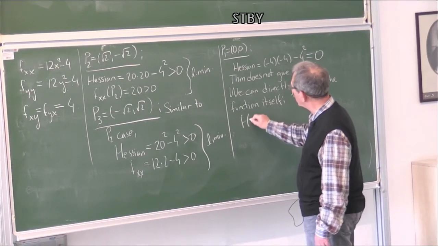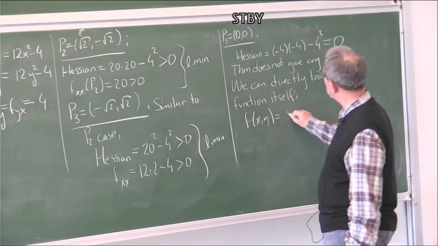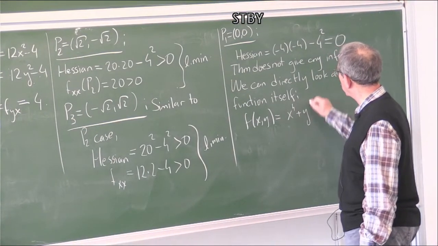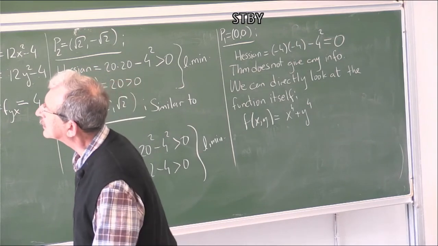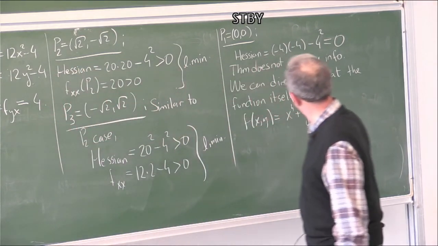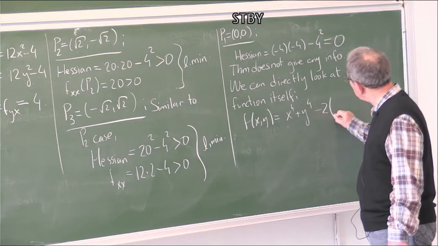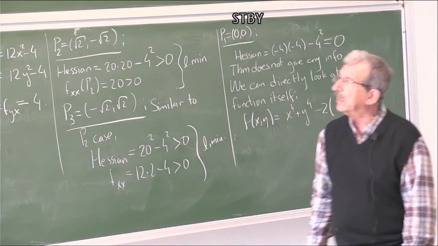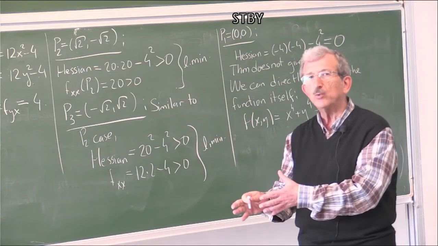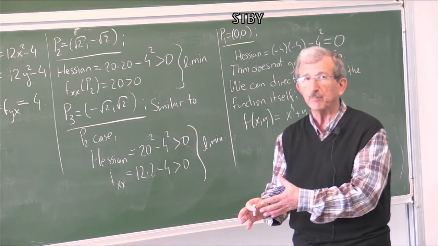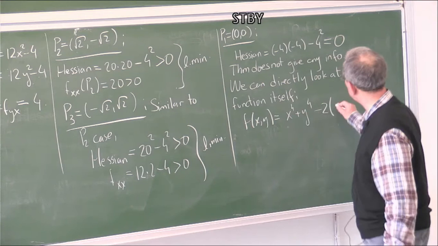Well, what was the function? It was x to the fourth plus y to the fourth, and then it was minus 2. Now, let me put this in parentheses. What remains is x squared minus 2xy plus y squared. But that is (x minus y) squared. There.